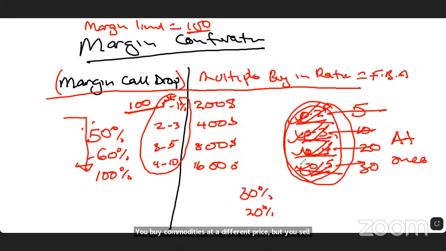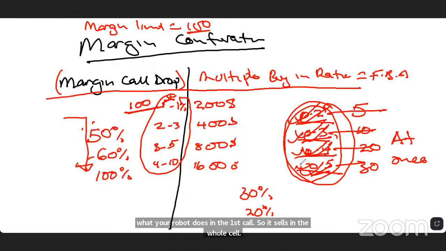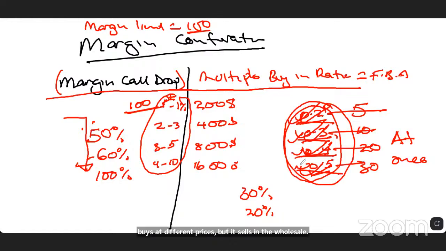That's what your robot does in the first 4 calls. It buys at different prices, but it sells in the wholesale. So you want your robot to buy the first 4 faster, so that if the market bounces positive, it sells them in a wholesale. I hope I'm clear.